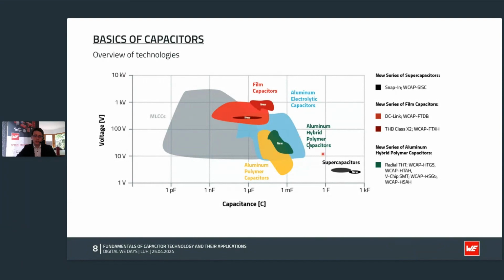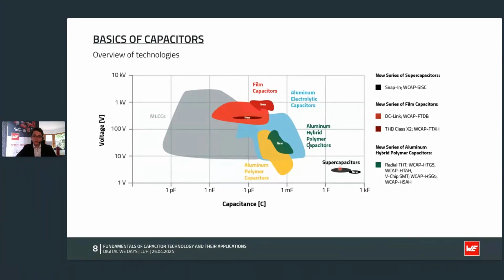When it comes to higher capacitance types, as I also mentioned before, electrolytic capacitors also offer higher capacitance values, and you can get them with a medium voltage.